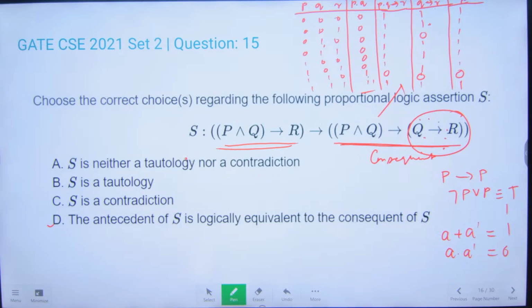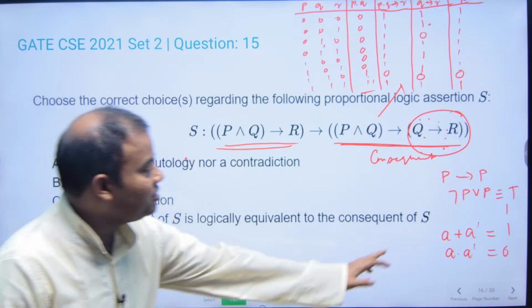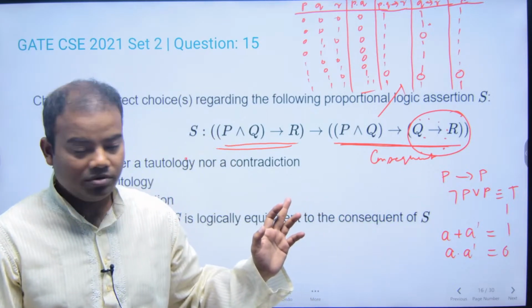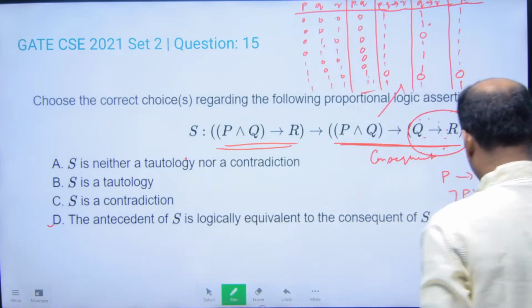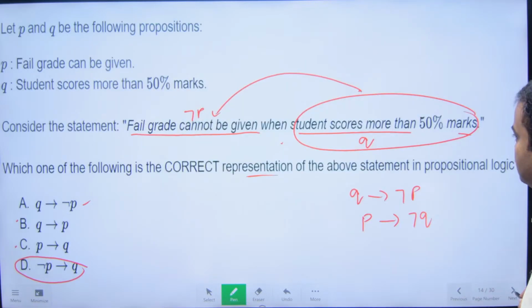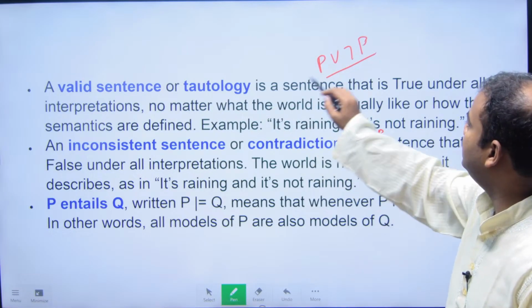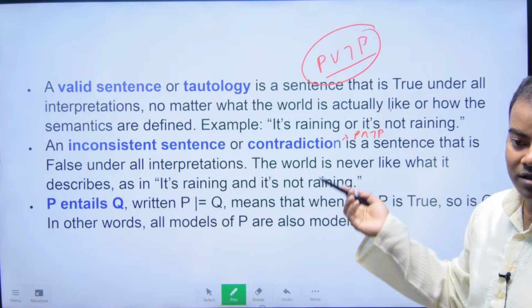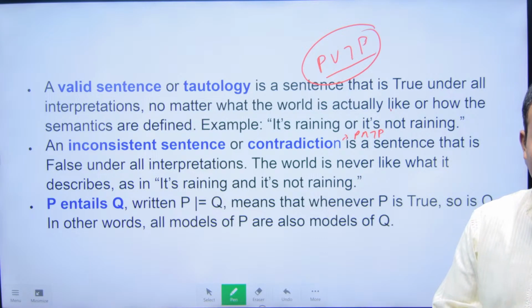Okay. Is it a tautology? No, this is not a tautology, because this is equivalent to, no, 1 minute. This is true, not P or P. So this is a tautology. What is a tautology? Which is always true.